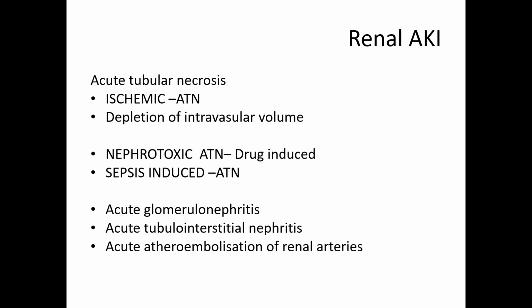So to recapitulate, renal AKI or intrinsic AKI can be because of persistent ischemia if the hypovolemia or the cardiac output is not corrected, or the patient can have sepsis-induced acute tubular necrosis. And the third important cause is nephrotoxic tubular injury, that is drug-induced injury, besides the other conditions which can lead to intrinsic AKI.